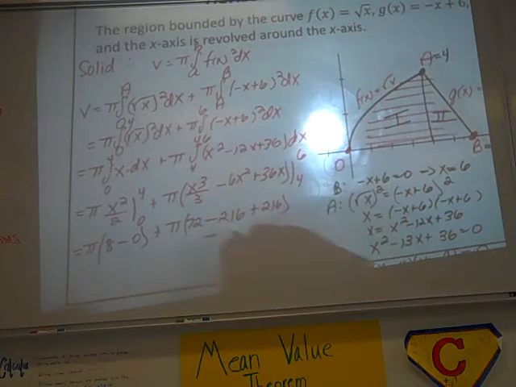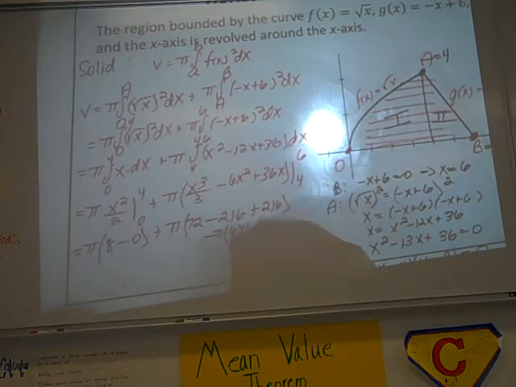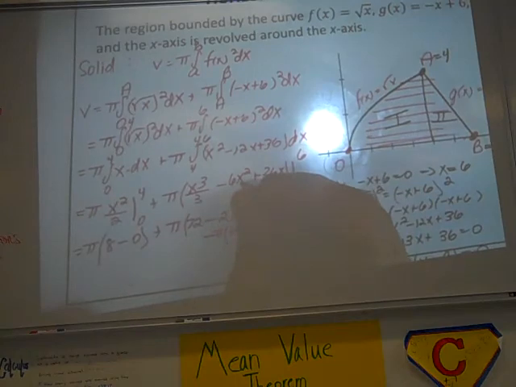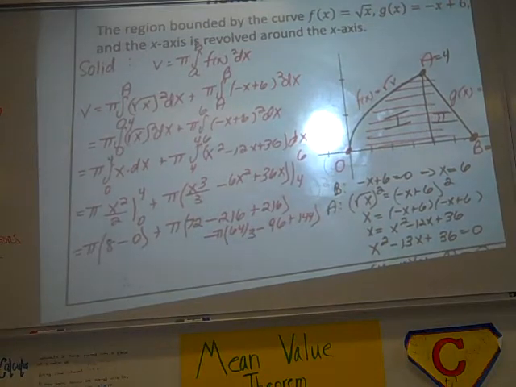Oh, bad planning on my part. Minus, we still have a pi in front here. Plug in 4. 4 cubed, we have 64 over 3. Minus 4 squared is 16 times 6, 96. Plus 36 times 4 is 144.